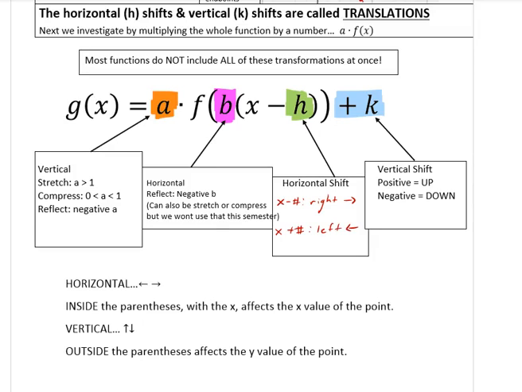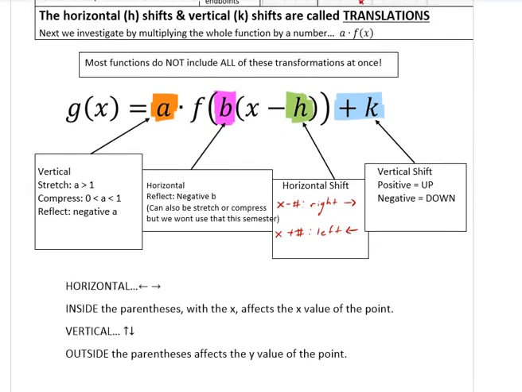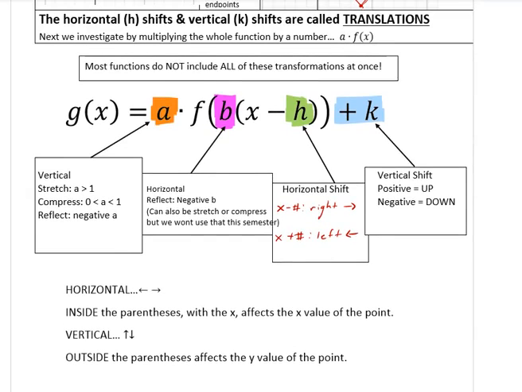Vertical shift, positive is up, negative is down. Try to remember those. Another thing that helps me is that anything on the inside deals with horizontal, and anything on the outside, which is your A and your K, deals with vertical. Notice vertical, vertical, horizontal, horizontal.